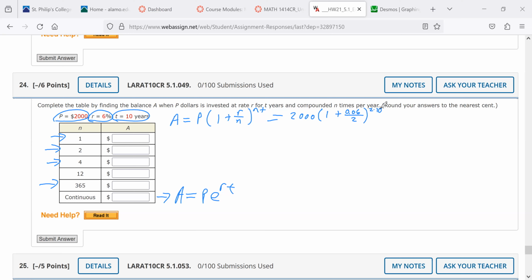So just change the 2 to whatever n we're talking about, all these n's right here. Does that make sense? So just use this formula whenever they mention compounding. For the last one, this should work. It should be 2,000 e to the rt.